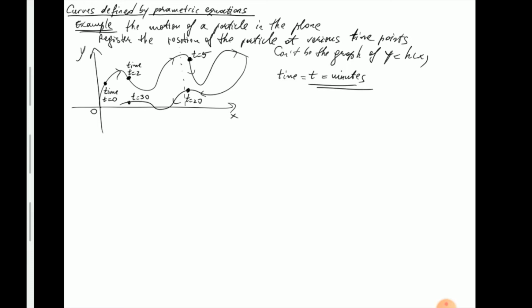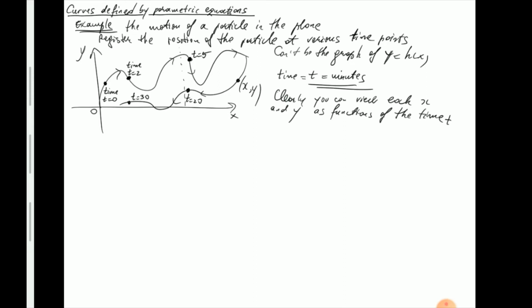So the point to be made is, obviously if you pick any point on the path, any point of coordinates x, y, clearly you can view each coordinate x and y as functions of the time t.